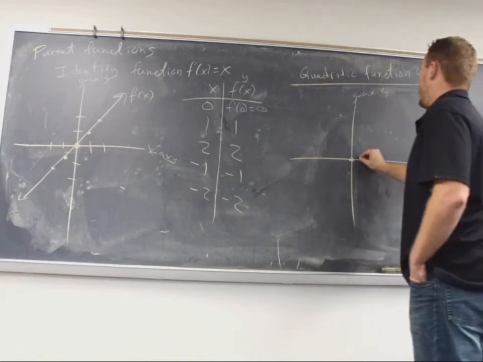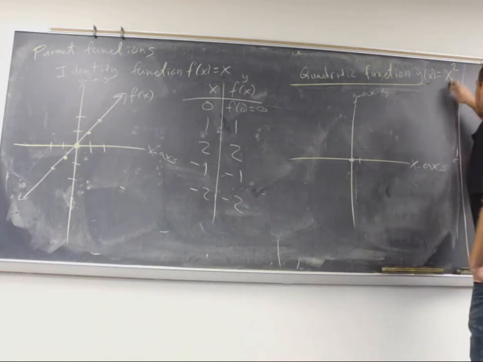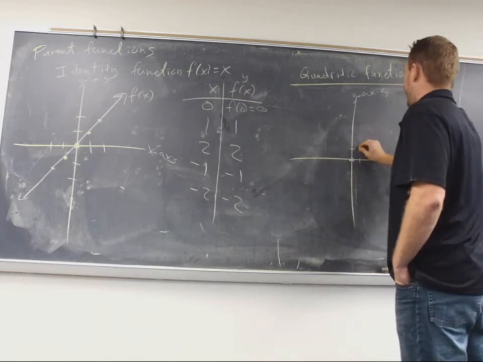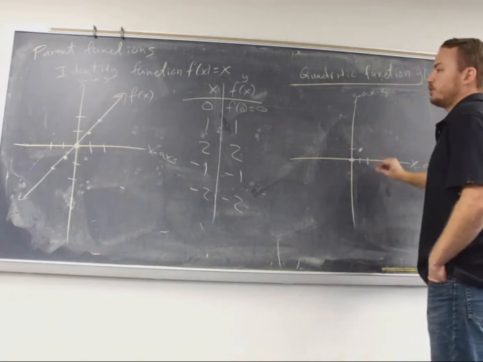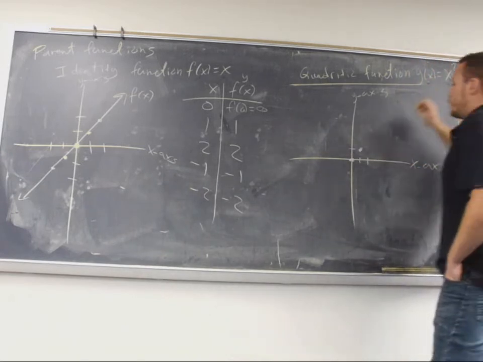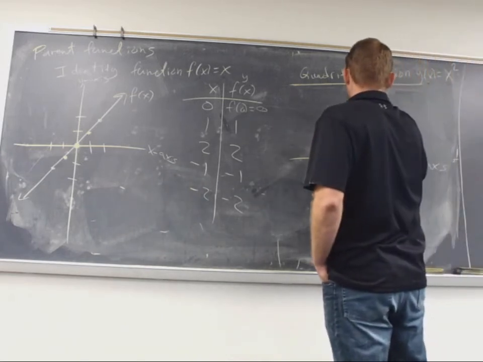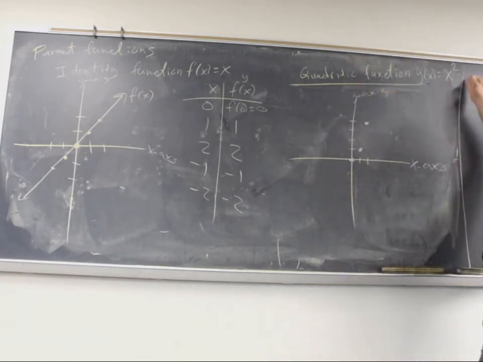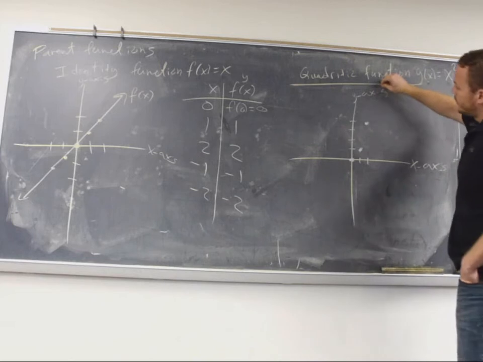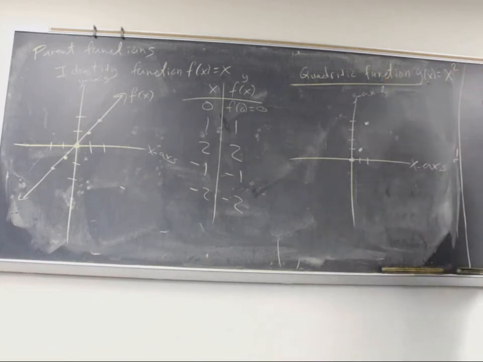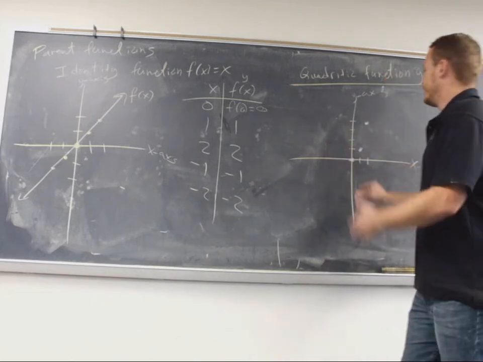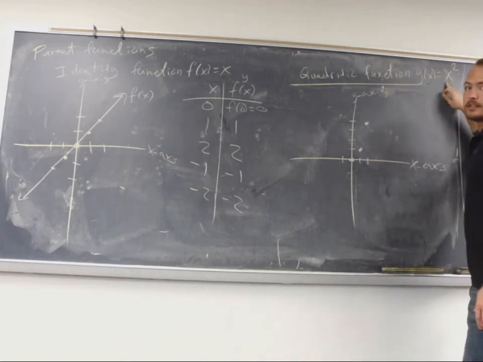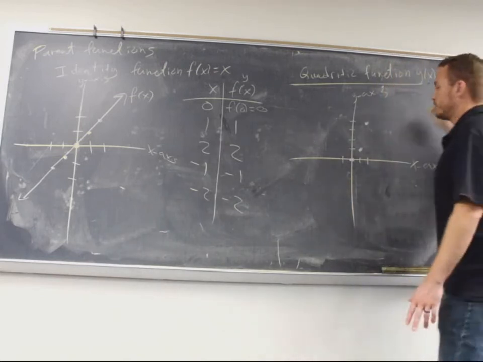Then I plug in 1. 1 squared is 1. And then I plug in 2. 2 squared is 4. And if I were to plug in 3, 3 squared is 9, so it puts a point up here somewhere. Then we go to the negative side. If I plug in -1, -1 squared is -1 times -1, which is a positive 1.